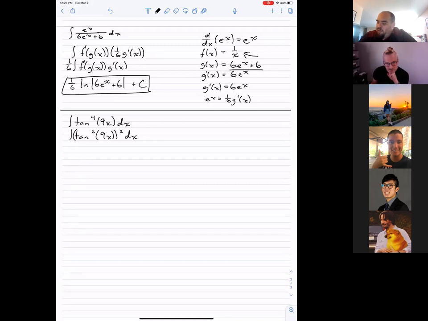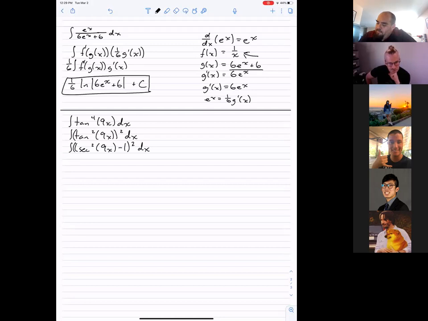And then where can you go with that? I can use the secant squared of x minus 1 rule. Minus 1, yep, all squared dx.